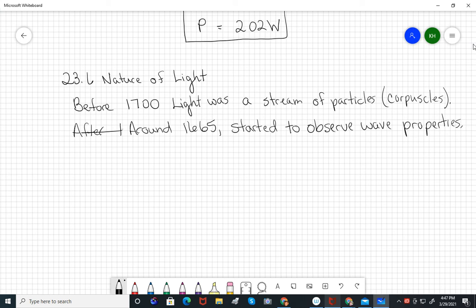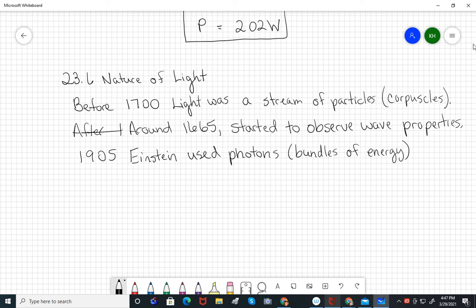And that worked really well until around 1905, when Einstein used photons. Photon comes from the word for light, and these are little bundles of energy, to explain the photoelectric effect.